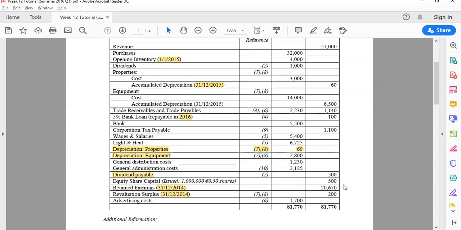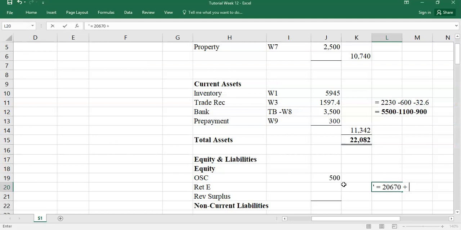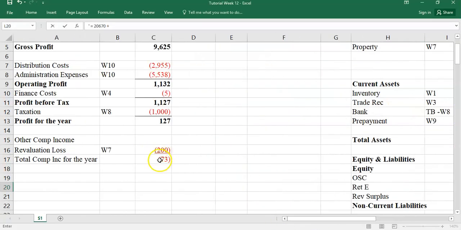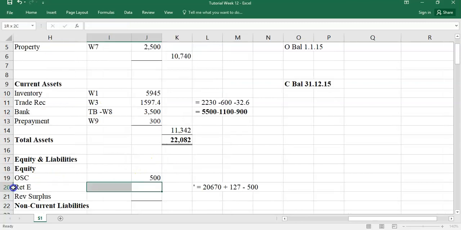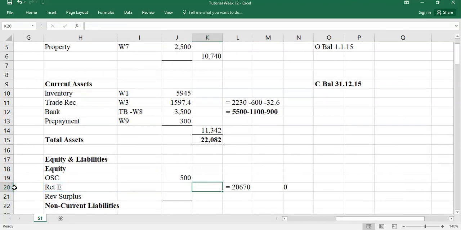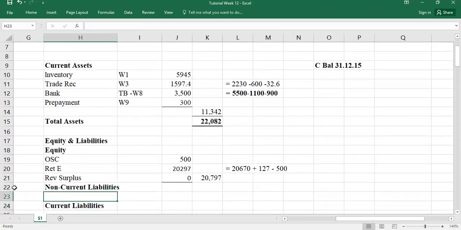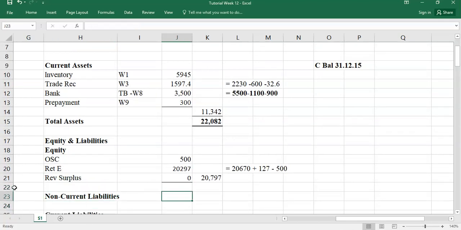It's the opening retained earnings of 20670 plus the profit for the year, not the total comprehensive income, the profit of 127, and minus the dividends of 500. You do not recognize the dividends of 1 million because 500 of those we said were incorrect. So your closing retained earnings there are 20670 plus 127 minus 500, which is 20297, and your reval surplus is nil because we've said at the end of the year we've gotten rid of that. So your reval surplus has been taken care of because it's been removed based on the loss.